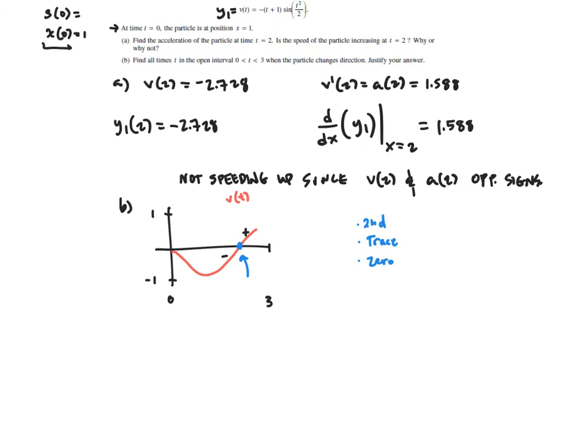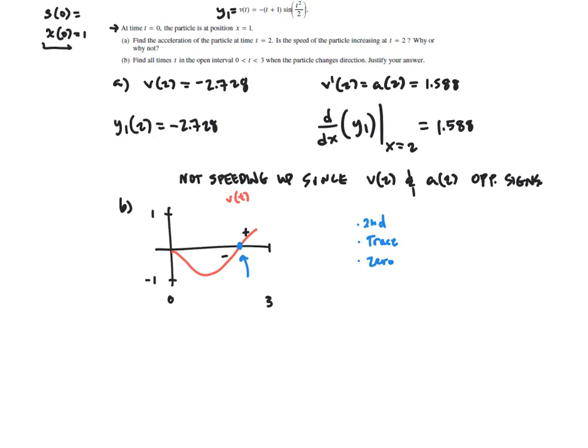You'll be along the curve somewhere with your cursor, and it'll ask you for a left bound. Put it anywhere to the left of this point. Press enter. Then it'll ask for a right bound, so scroll over to the right of that 0, press enter, and then it'll say guess. You don't need to make a guess, you just press enter again, and that'll give you your value.